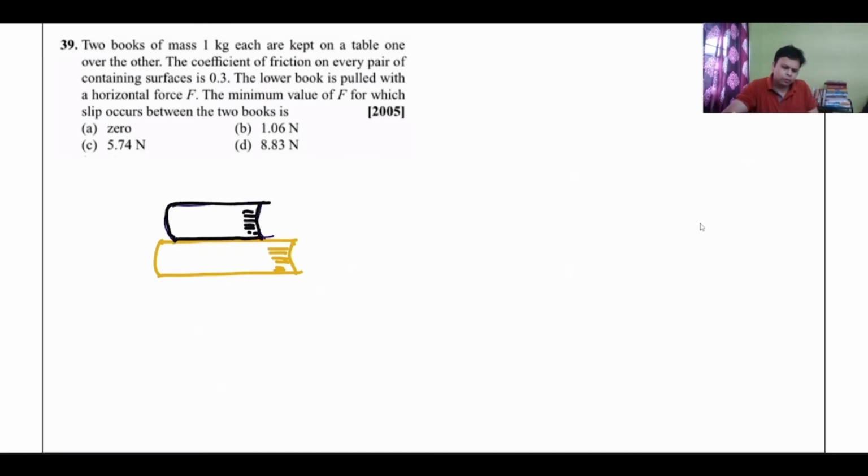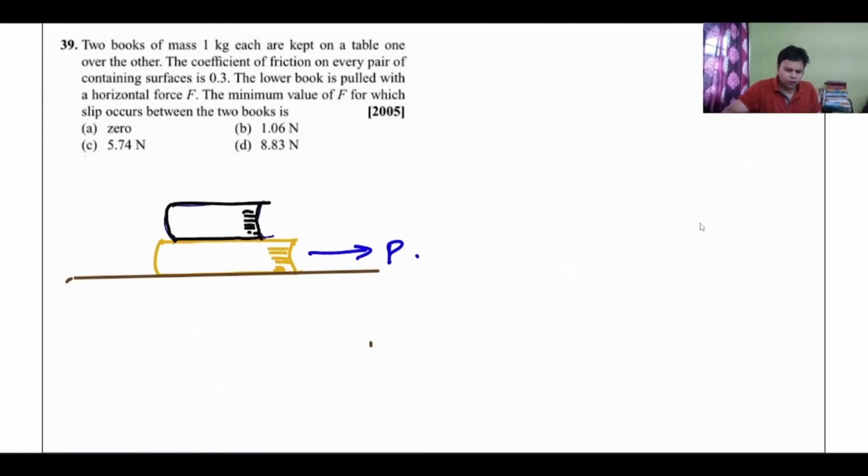The lower book is pulled with a horizontal force F. Kept on a table, one over the other. So there is also a table now. I'll have to draw the table.